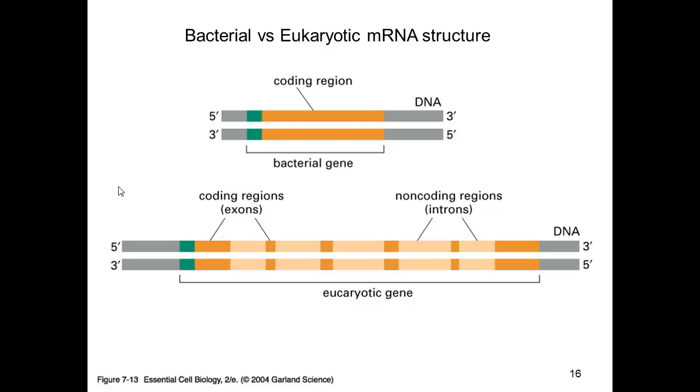This slide highlights another important difference between bacteria and eukaryotes, and that is that bacterial genes almost exclusively only have coding regions. Every RNA, here's the transcription start site, here's the translation start site, and this entire RNA stretch codes for protein.